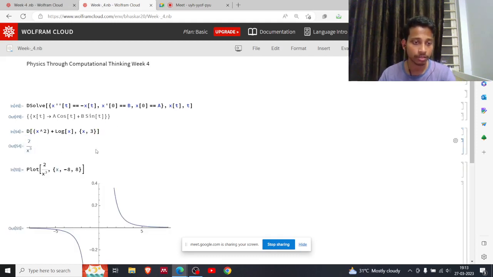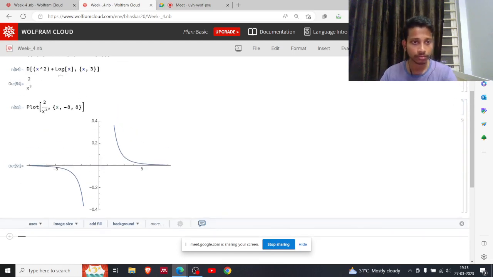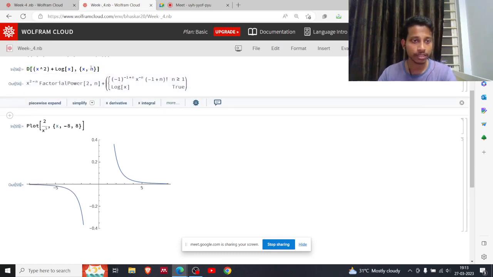Now I'll just plot it. This is the plot. Now if we put n here, then we get the nth derivative, which is x to the power 2 minus n, factorial, power 2n and so on.